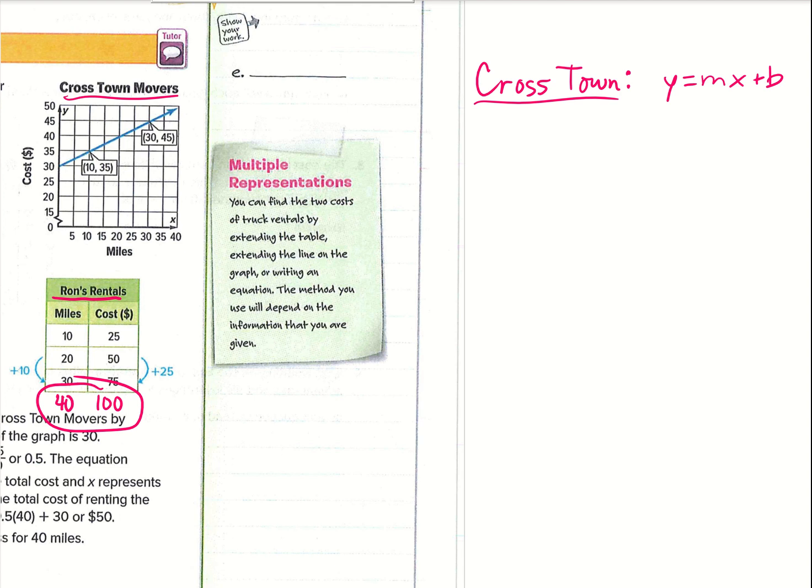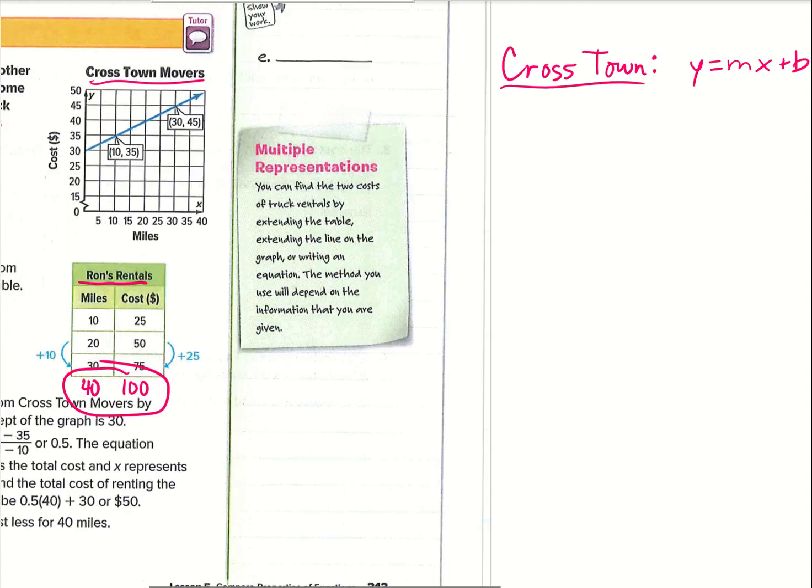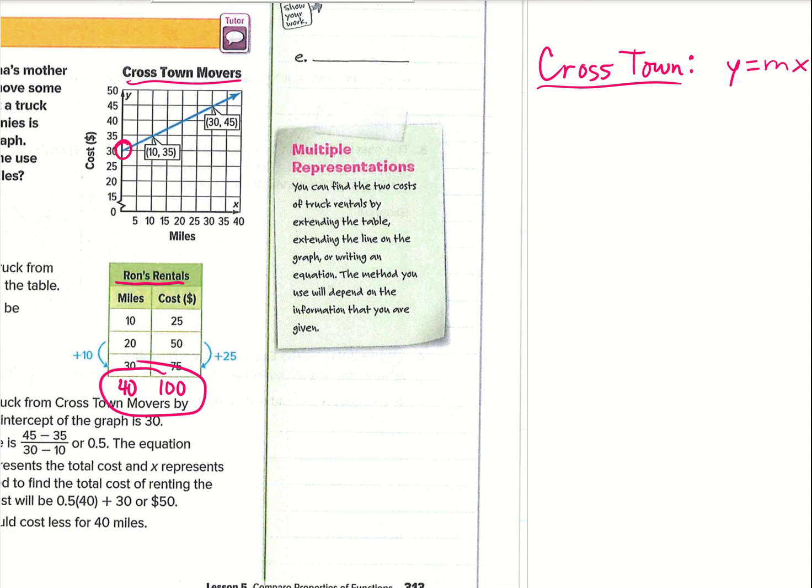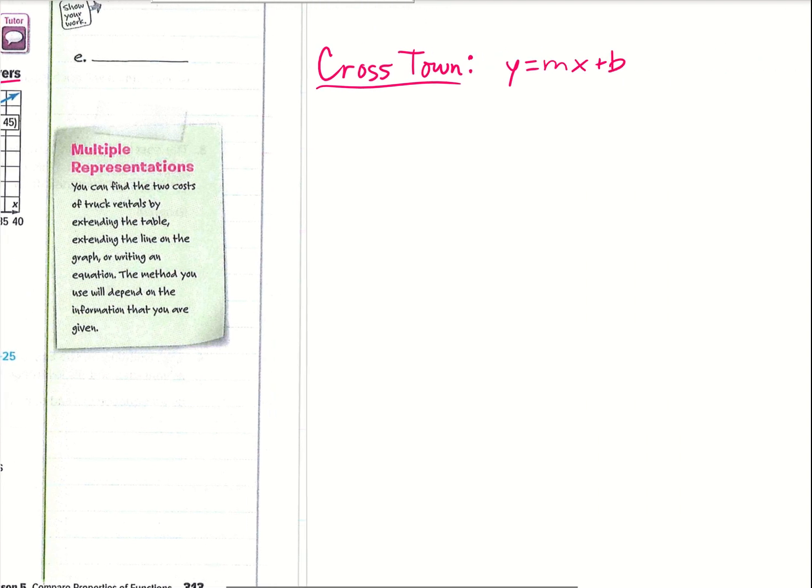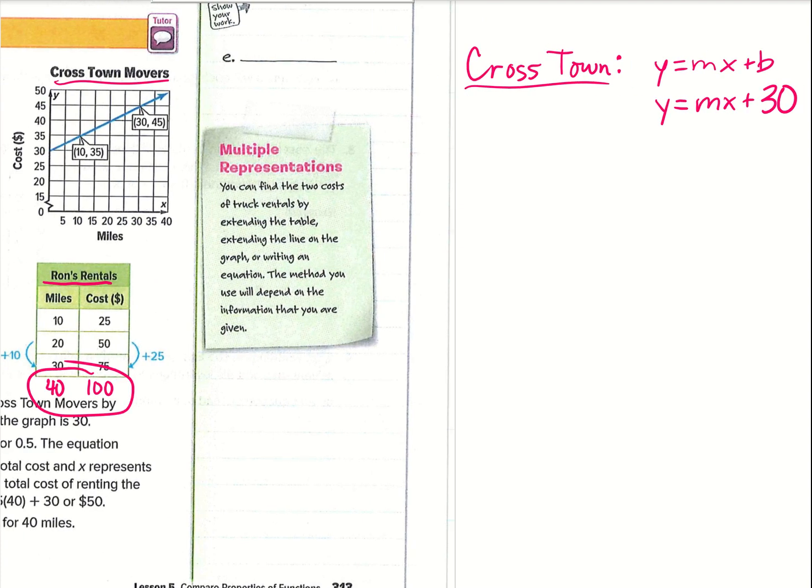And then we know that our y-intercept is 30 because we can see it right here. So we can put that into our equation, y equals mx plus 30. Now in order to find the rest of the equation, we just need to find our slope. The good news is they give us 2 points right here and right here. So we can plug it into the slope formula. So we'll have m equals y2 minus y1 over x2 minus x1.